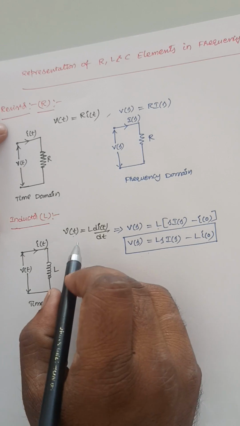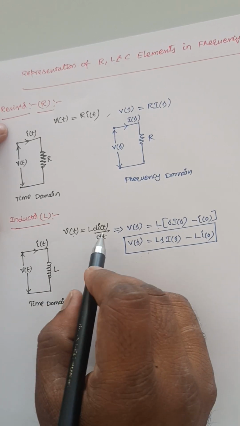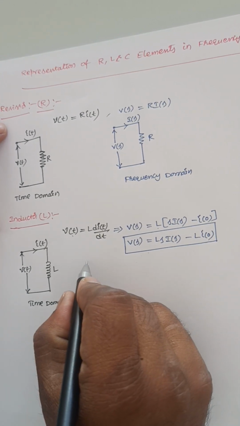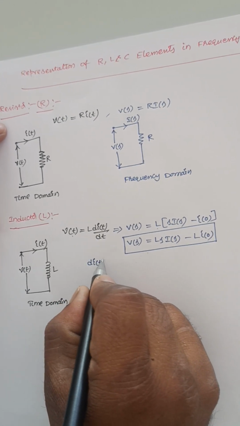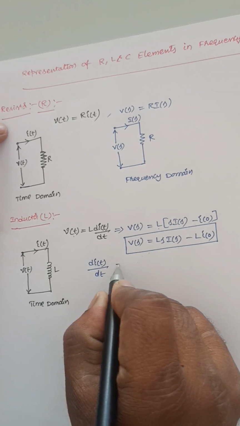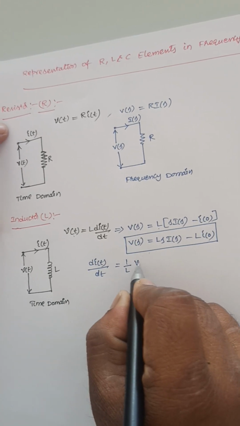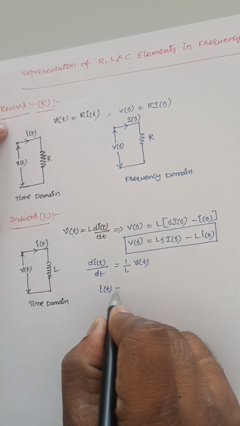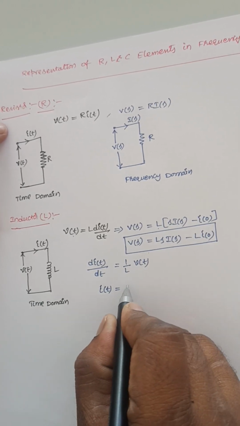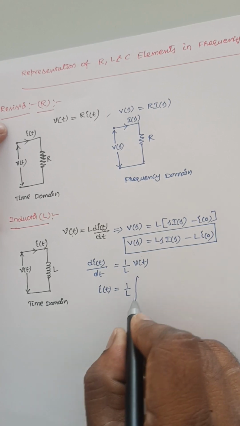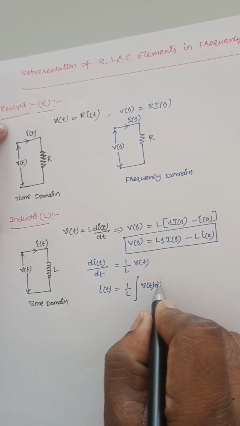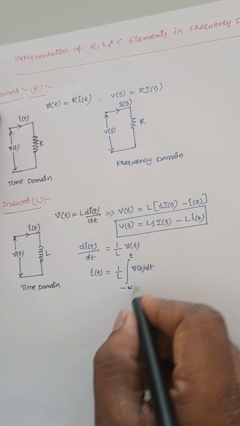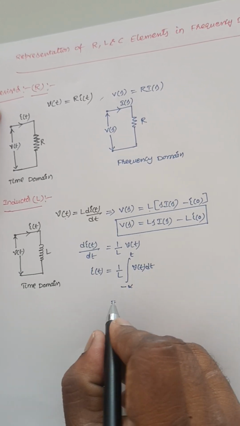And this V of t, if I want to find this I of t from this expression, di of t by dt is equal to 1 by L into V of t. If I apply the integration on both sides, it will become I of t is equal to 1 by L integral V of t dt, and these limits will be minus infinity to t. This concept I already discussed in previous classes.